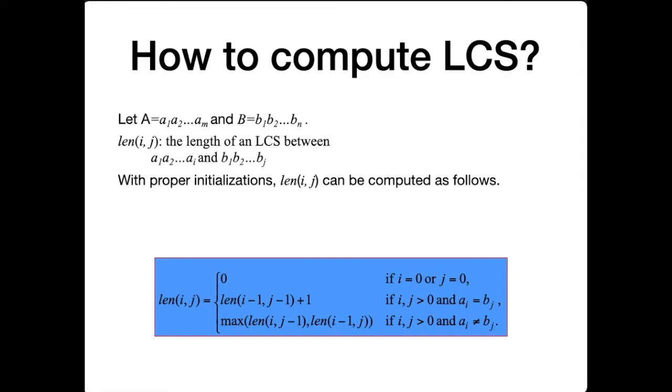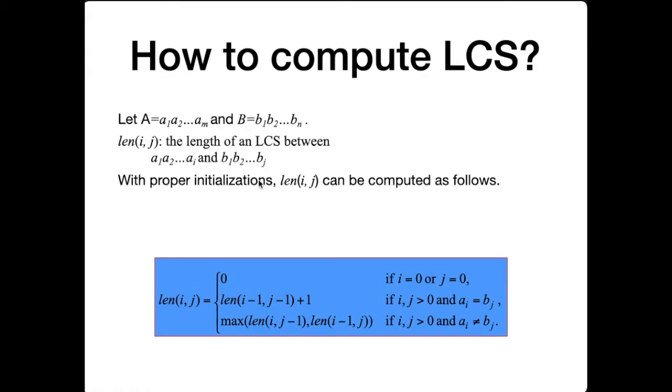In this case, suppose we have two input strings, A and B. The string A is of length M, the string B is of length N, and the symbols are represented using A sub 1 to M, and B sub 1 to B sub N. The len of i, j is the length of an LCS, longest common subsequence, between substring A and substring B of length i and j respectively.